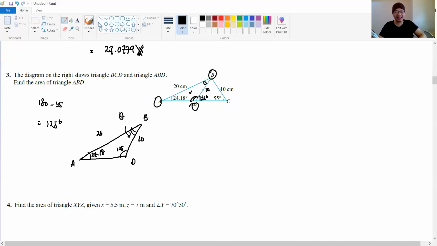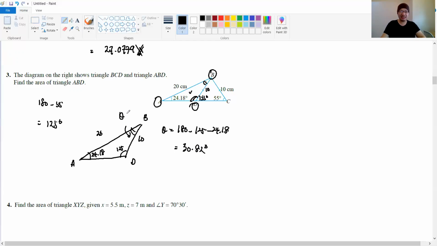Since this is another triangle, 180 minus 125 minus 24.18. Then you are supposed to get your theta equals what? 180 minus 125 minus 24.18. So your answer will be 30.82 degrees.